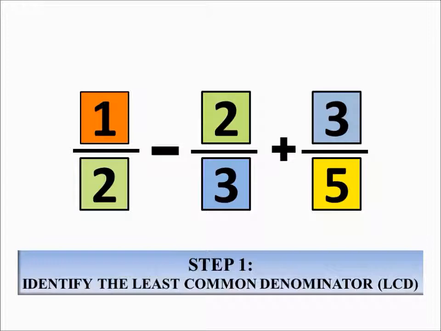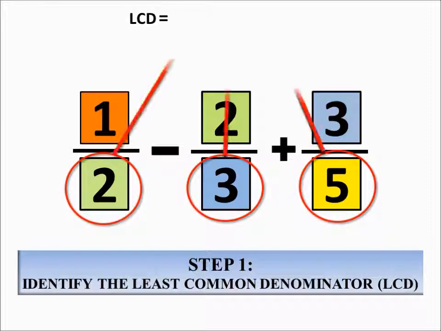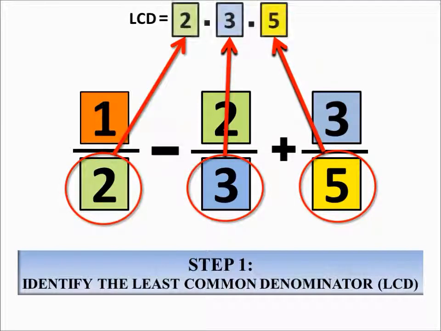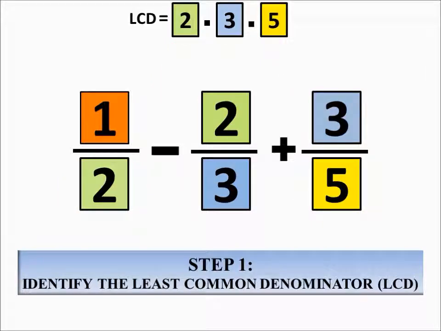In this example, for our three different denominators, 2, 3, and 5, the LCD is the product of these three factors, 30. So if every fraction has to get a denominator of 30, then I will need to multiply each number in the denominator with those two other factors in order to get a 30.